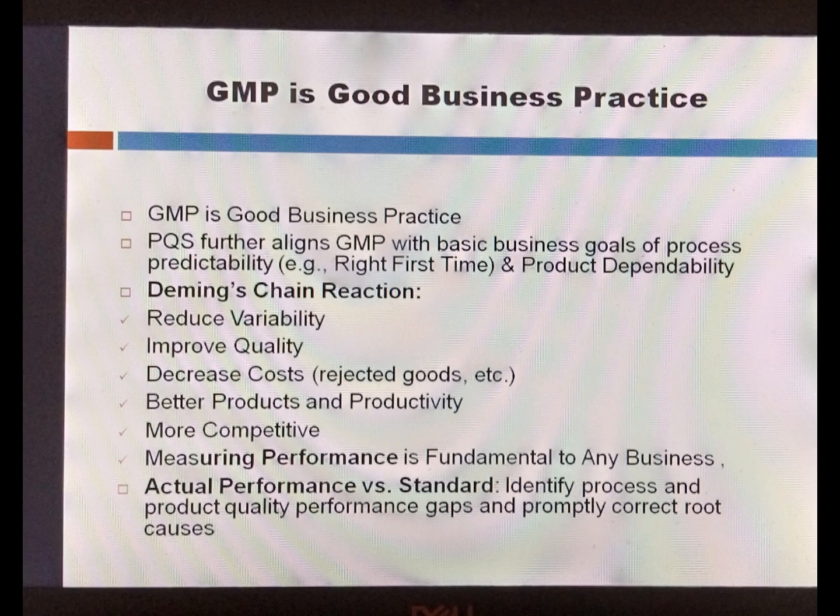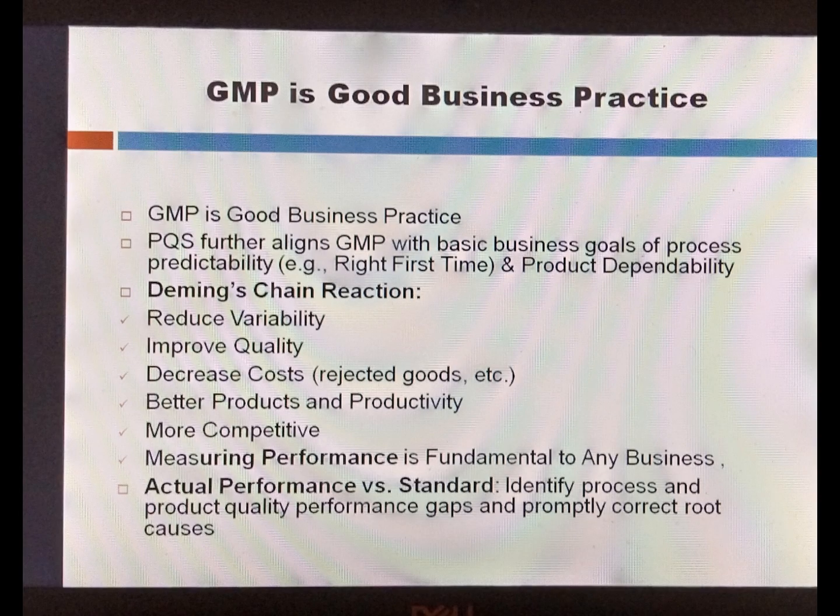GMP is good business practice. PQS further aligns GMP with the basic business goals of process predictability, for example right first time, and product dependability. Deming's chain reaction includes reduced variability, improved quality, decreased cost, that is fewer rejected goods, and so on, leading to better products and productivity, and more competitiveness.